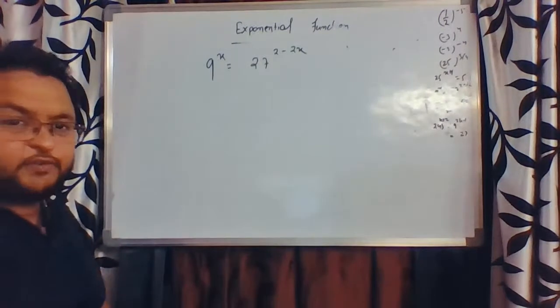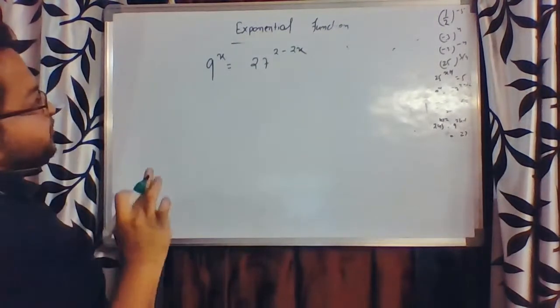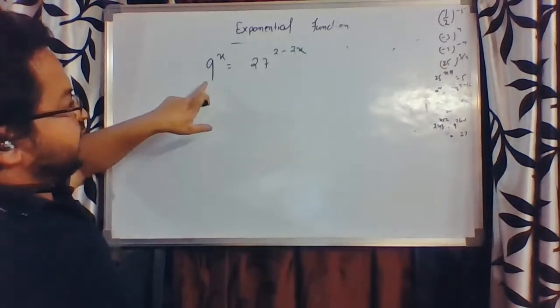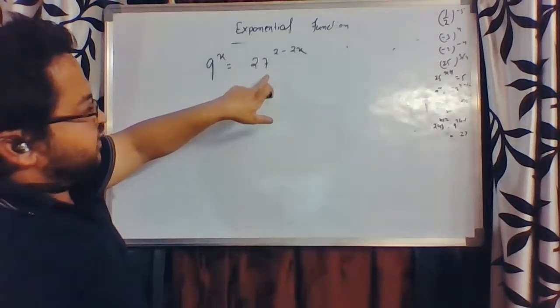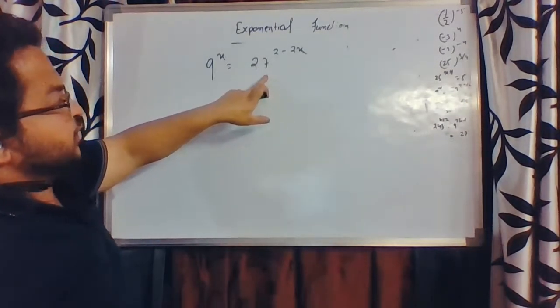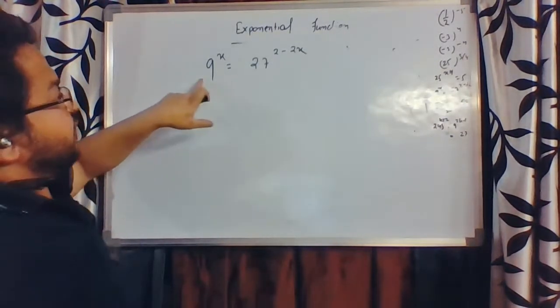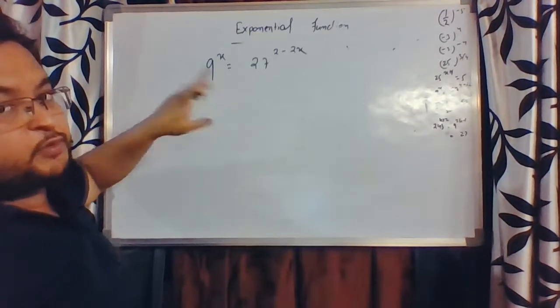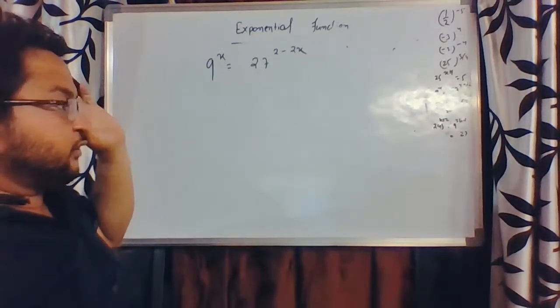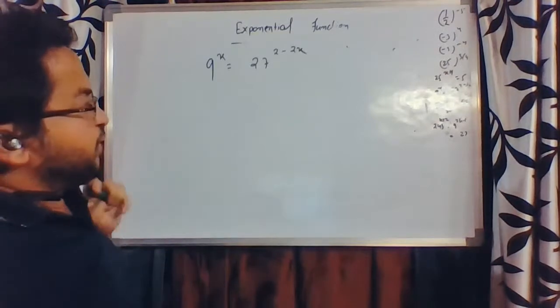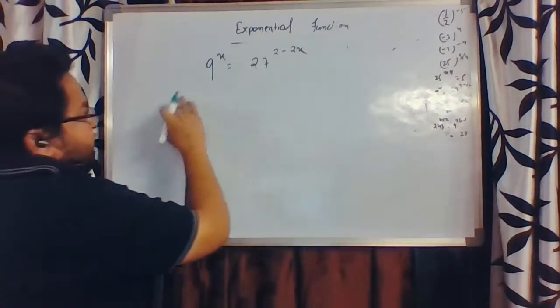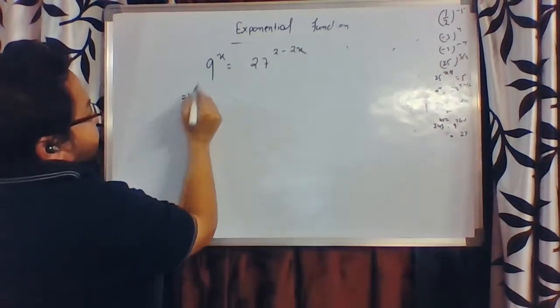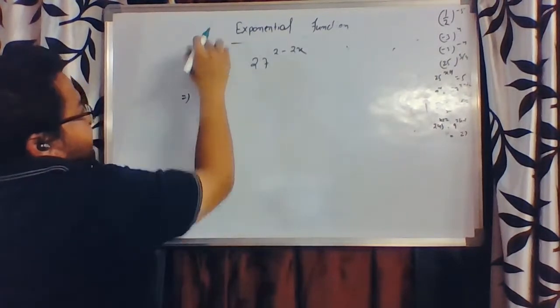So first and foremost thing, this is very simple, I need to ensure that either my right side I should express as a base of 9, or left hand side I should express as a base of 27. If I can do either of these, I can apply my law. But to make things even simpler, can I express both sides as a base of 3?